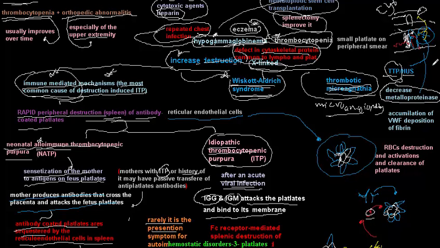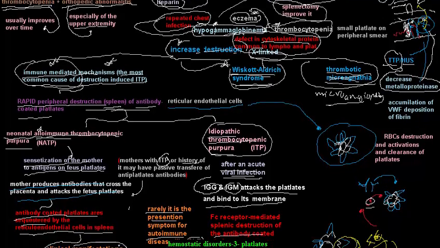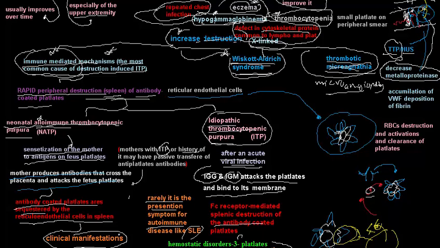The difference is that in TTP we have no toxin to inhibit the metalloprotease protein, but what inhibits it is an antibody. So we have accumulation of von Willebrand factor, deposition of fibrin, RBC destruction because of the narrowing, and activation of the platelets, so clearance of platelets, so thrombocytopenia.